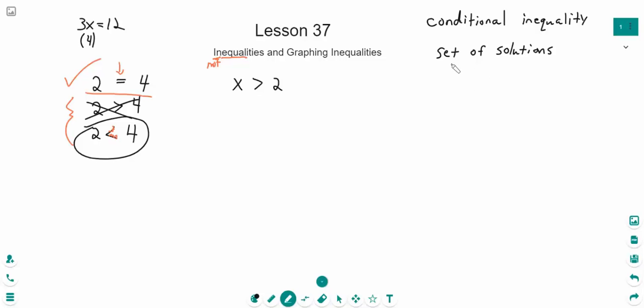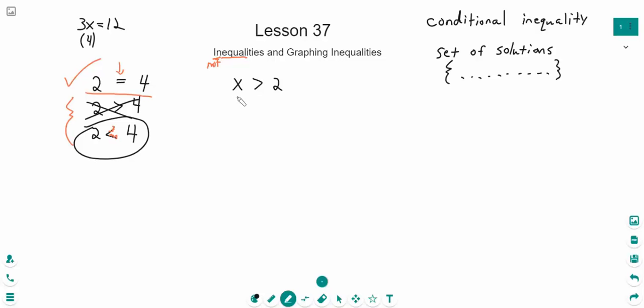A set should imply throwing in some braces here, and filling the set with a bunch of solutions. It's a big bucket of solutions. It won't be just a single one. It'll be many answers that will work for this x.